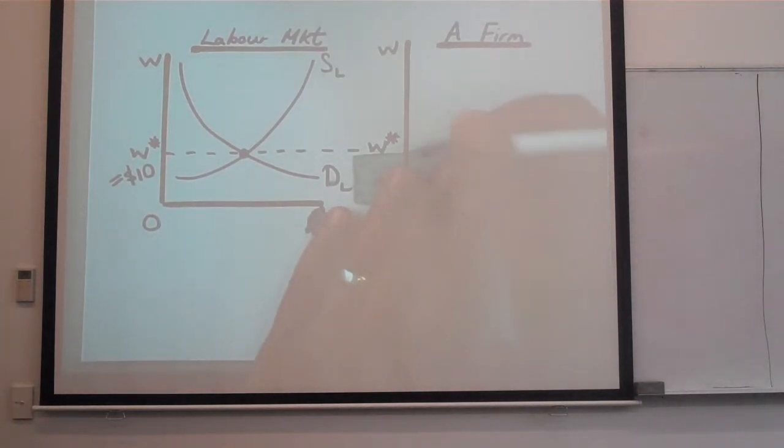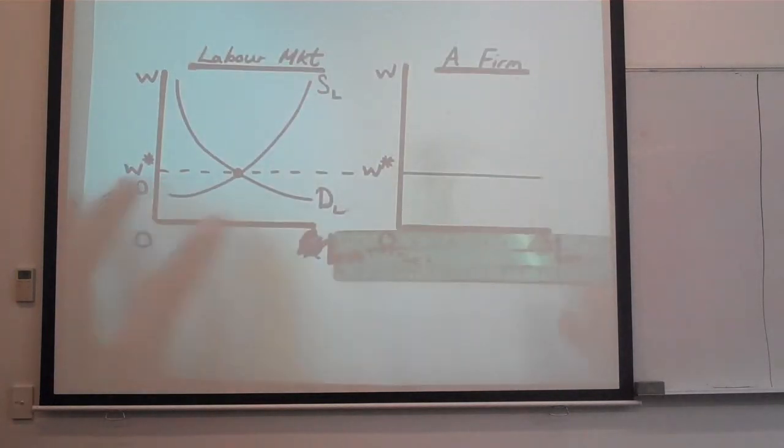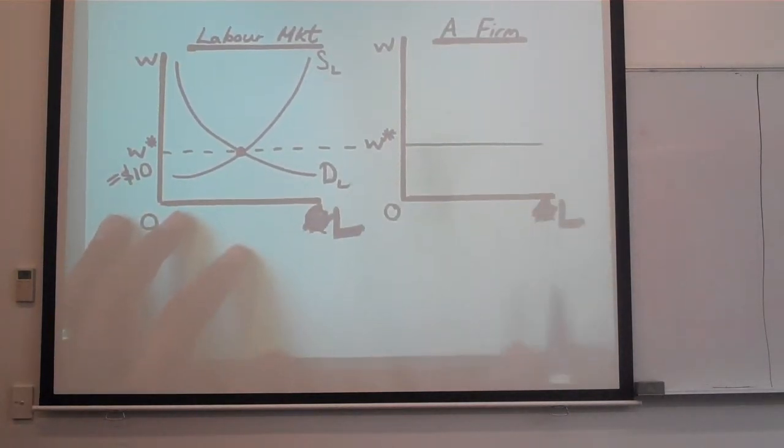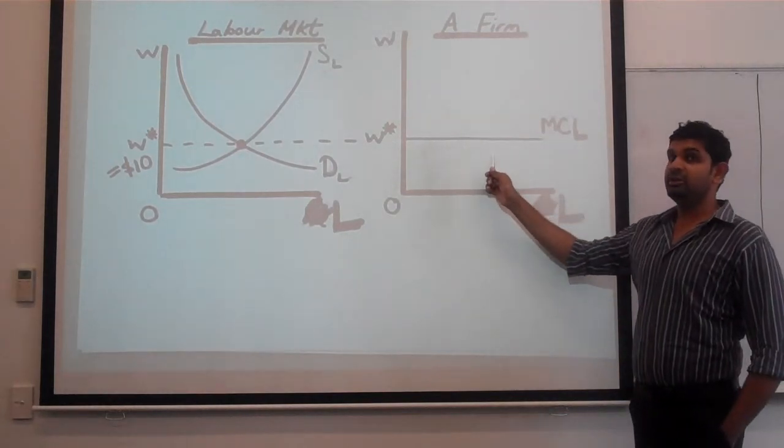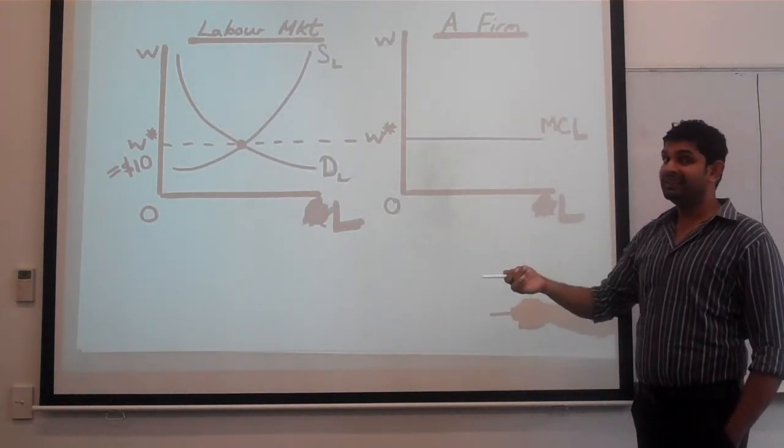Now previously, you're used to this horizontal line being marginal revenue, but since the firm is actually a buyer in this market, the firm is not a seller in this market. Instead of this being a marginal revenue curve, this now becomes a marginal cost curve, the marginal cost of labor. Back in the product market, that horizontal line would have been marginal revenue because the firm was a seller in that market.